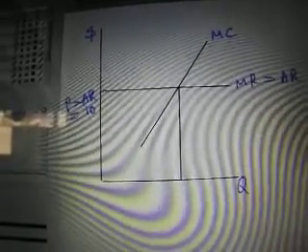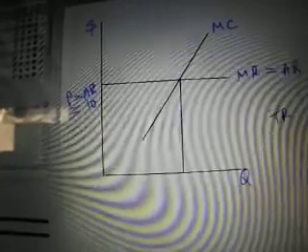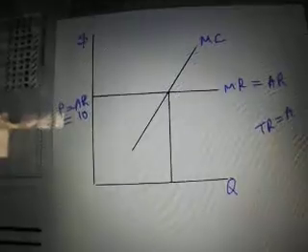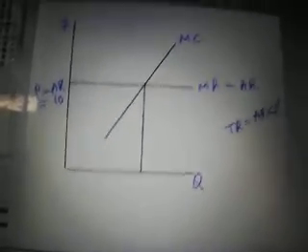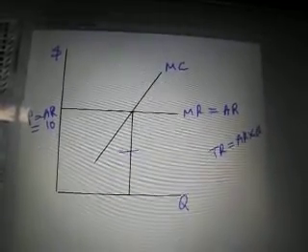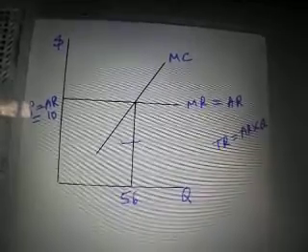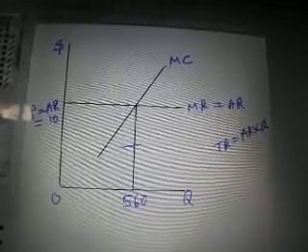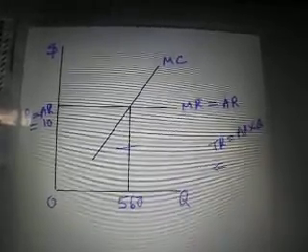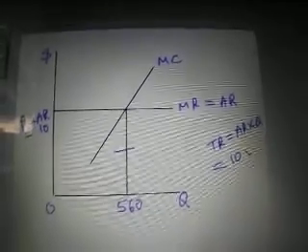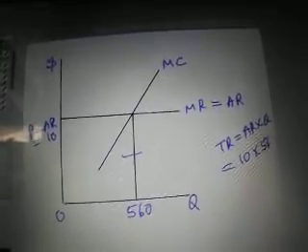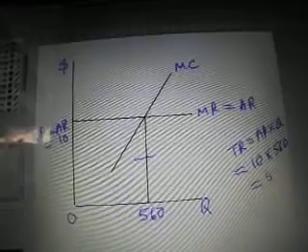And we know that total revenue is equal to average revenue times quantity. Average revenue is 10, quantity is 560, which is equal to 10 times 560 equal to 5600.